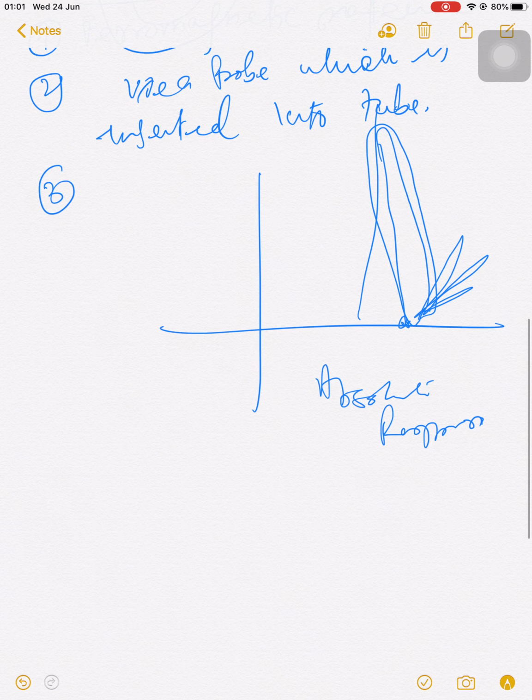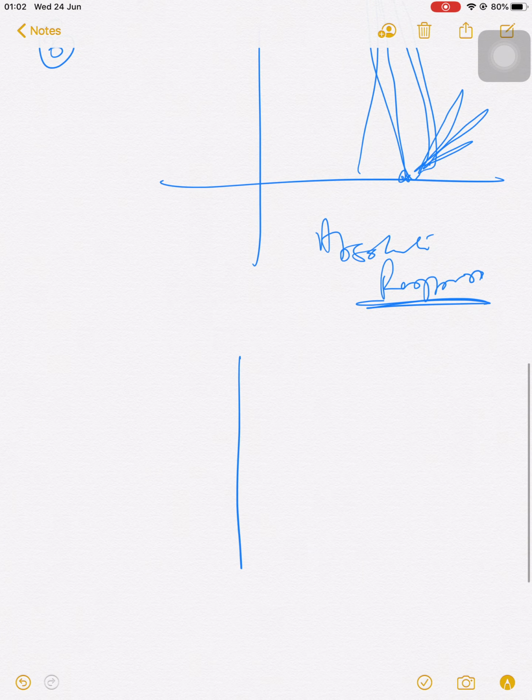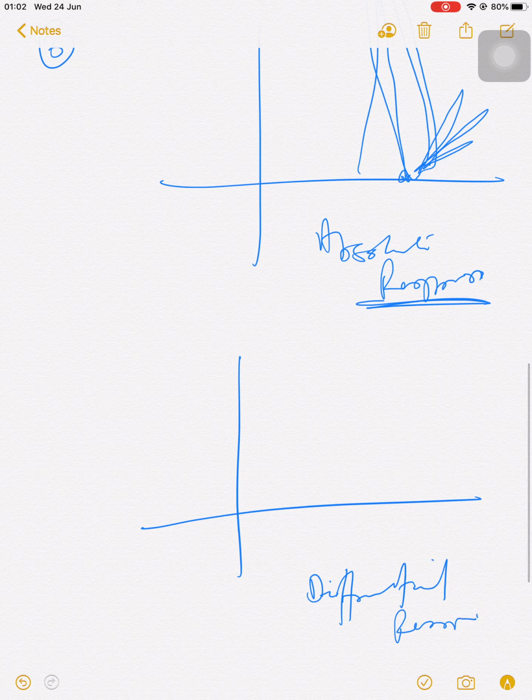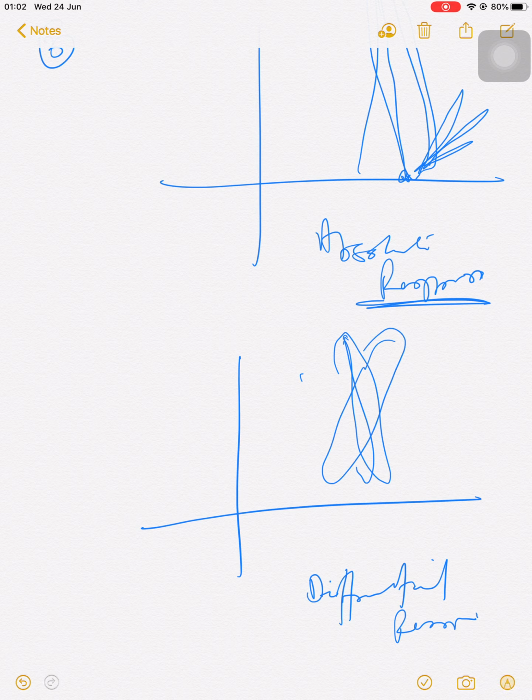If it is a differential response, it will work like this.